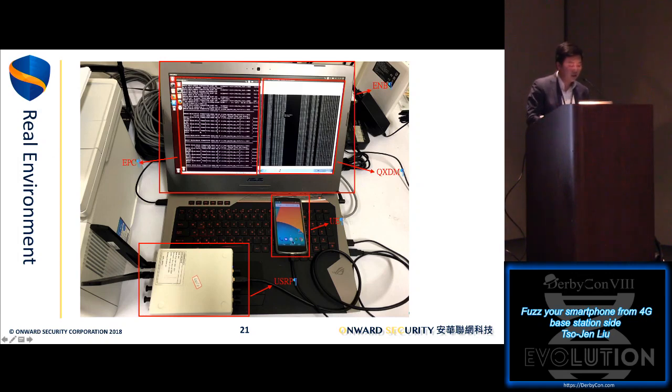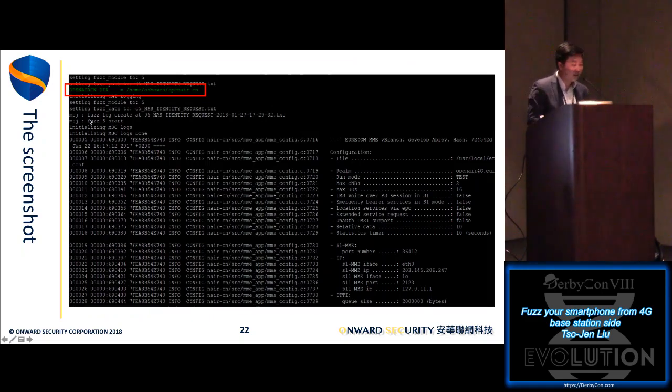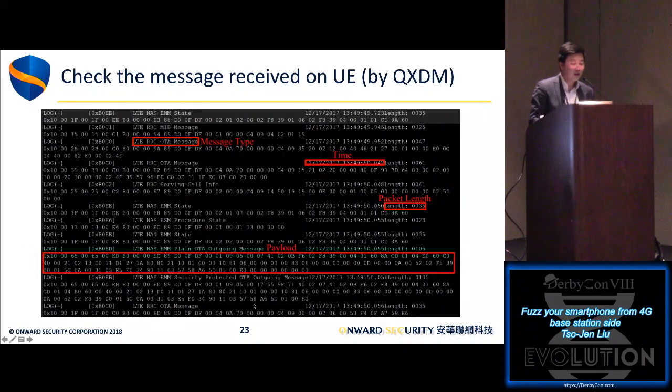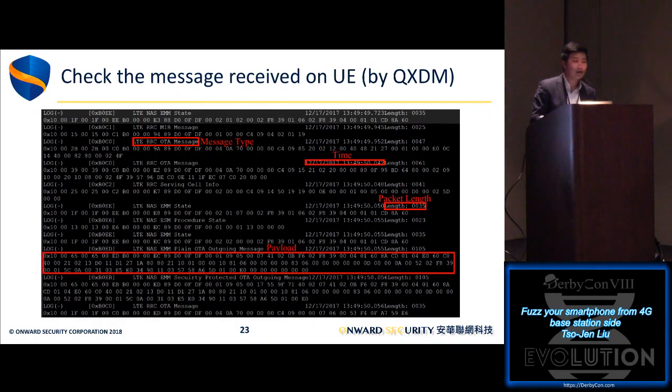You can find this is the device, the Google Nexus 5, and this is the USRP SDR radio tool. Once we start testing, it will read the file from our pattern file and transmit the data to the mobile phone, and you can check the data by QXDM.